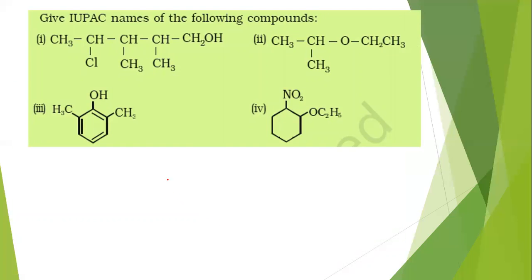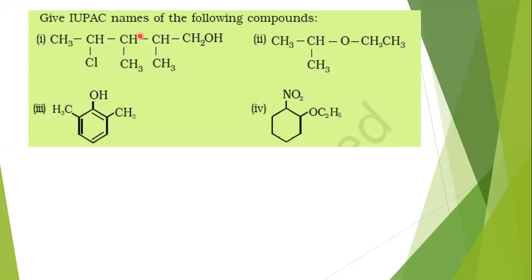Now let us solve these examples. Give IUPAC names of the following compounds. Look carefully. What is the first rule? Select the longest continuous carbon chain.